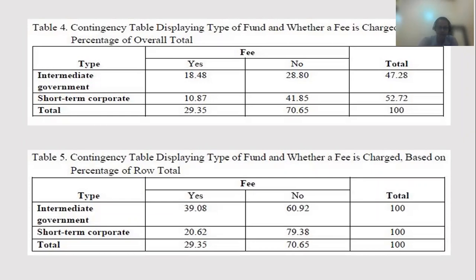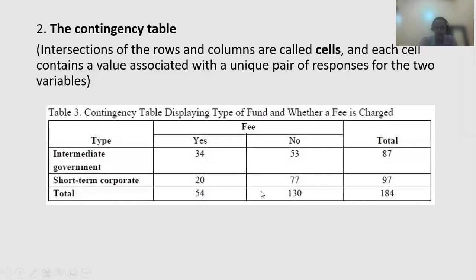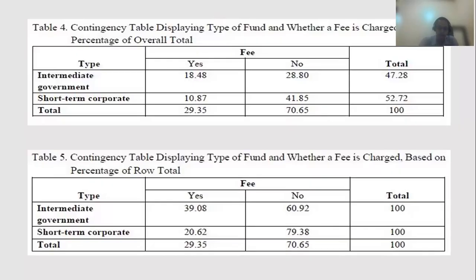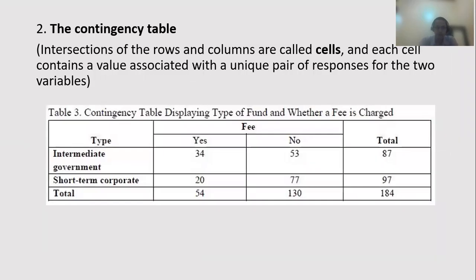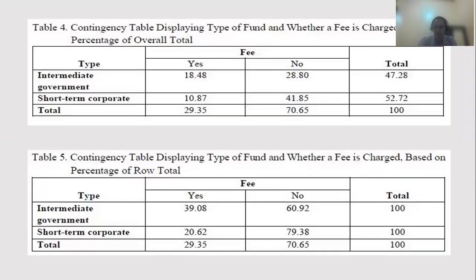And the same thing goes for the second cell, 53 here. Instead of 53 divided by 184, it is 53 divided by 87. That will give you 60.92%. So that's what we mean by percentage of row total.